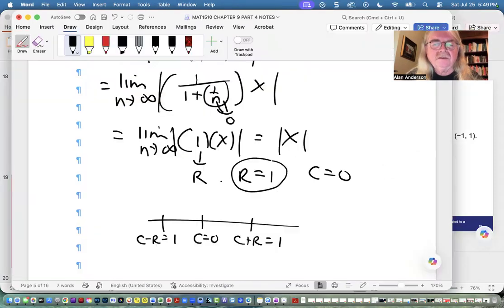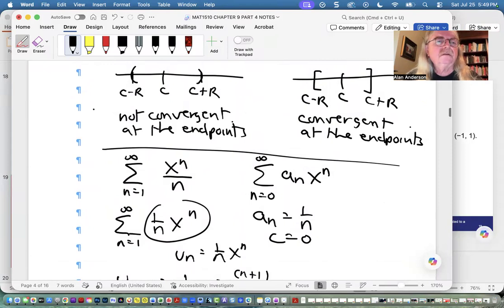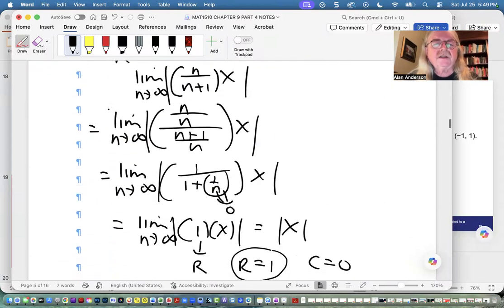So when x equals 1, let's go back to the original series. It's 1 to the n over n.